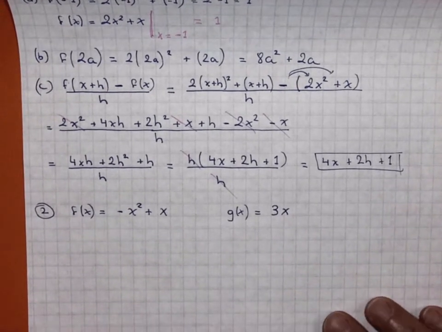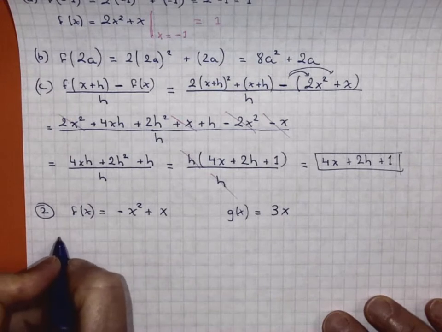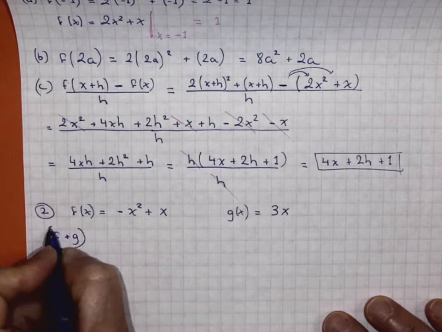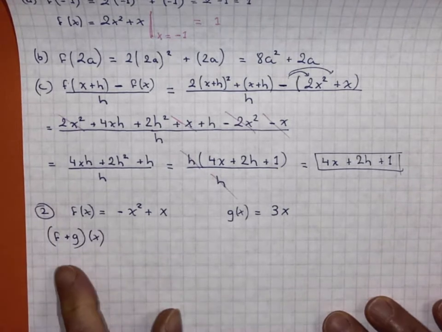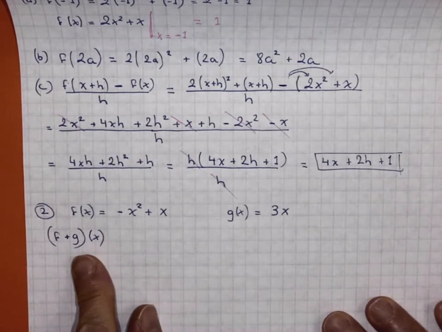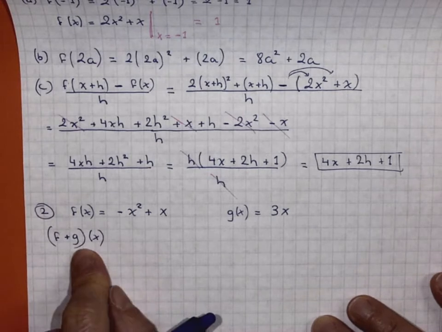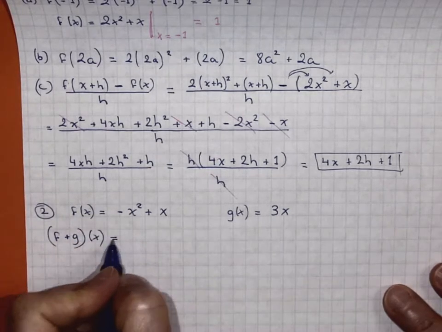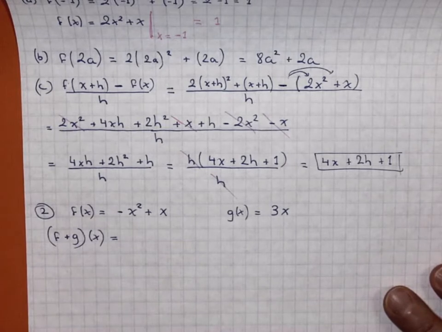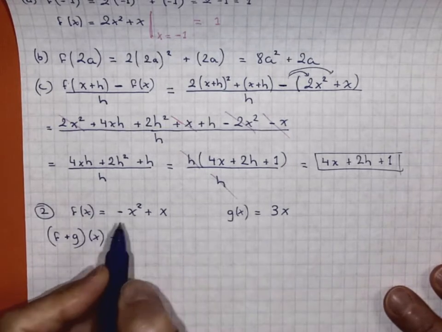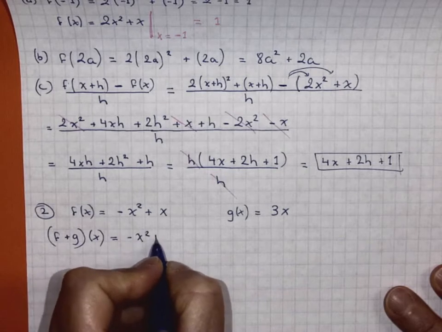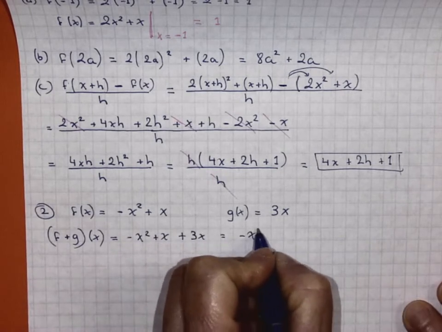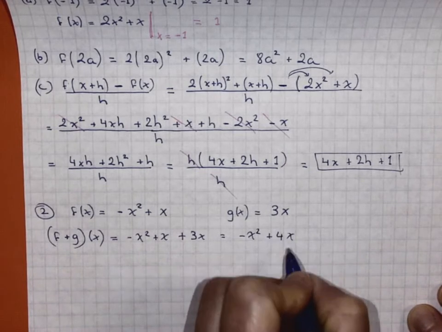And what we want to do is find (f plus g) of x. Notice how I do my operation using function notation here. That just means that I want to add the two functions together. And then this is just my input, my variable x. So I'm doing negative x squared plus x plus 3x. So that will be negative x squared plus 4x.